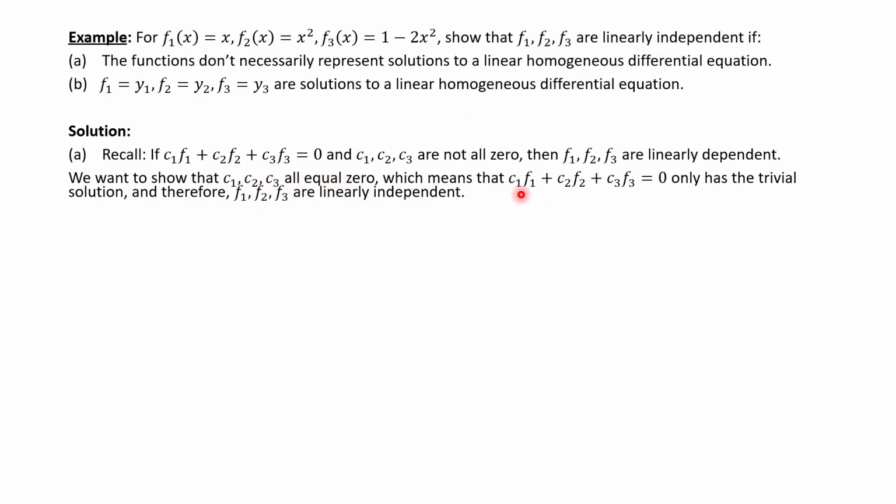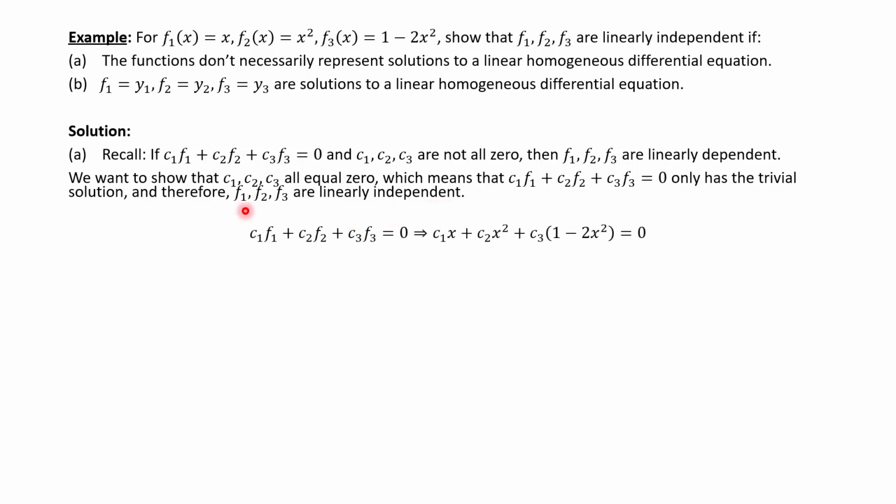Meaning that when we have this equation, c1 f1 and so on equals 0, the only answer to this is the trivial solution. And the trivial solution is that everything's 0. And so therefore, our functions are in fact linearly independent.